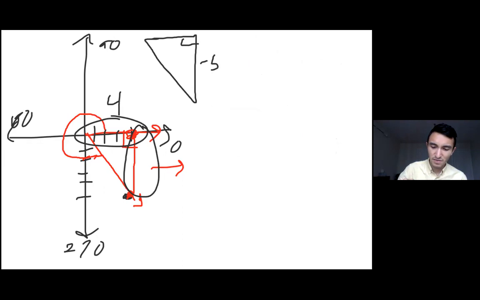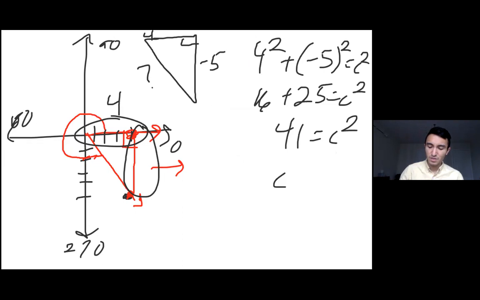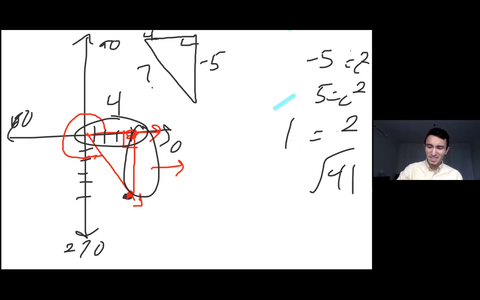So -5, and then 4, and then our question mark. So 4 squared plus -5 squared equals c squared. This ends up being 16, 25, and this is going to be 41. So c equals square root of 41. Okay, not a nice number, but that's okay.